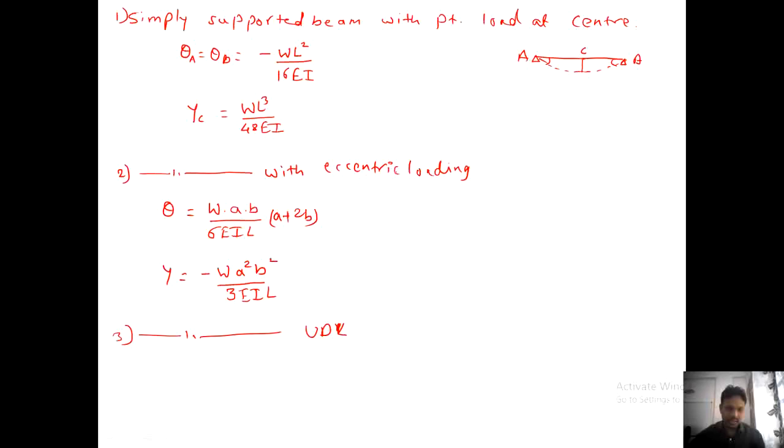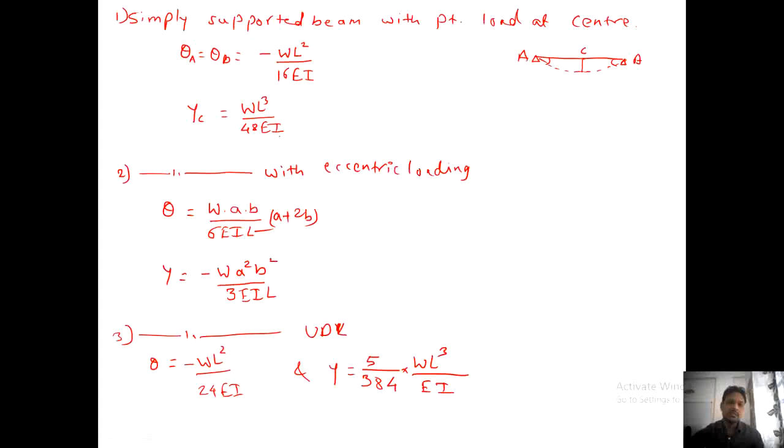For this condition, theta is given as minus WL square by 24 EI, and the deflection Y, you can call it YC, is given as 5 by 384 into WL cube by EI.